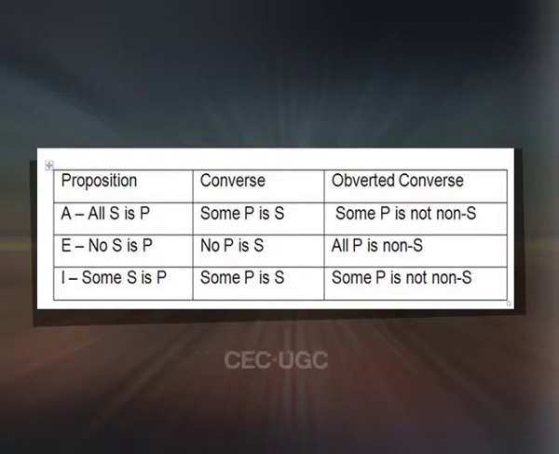E proposition, no S is P, converse no P is S, obverted converse all P is non-S. I proposition, some S is P, converse some P is S, obverted converse some P is not non-S. O proposition has no obverted converse.